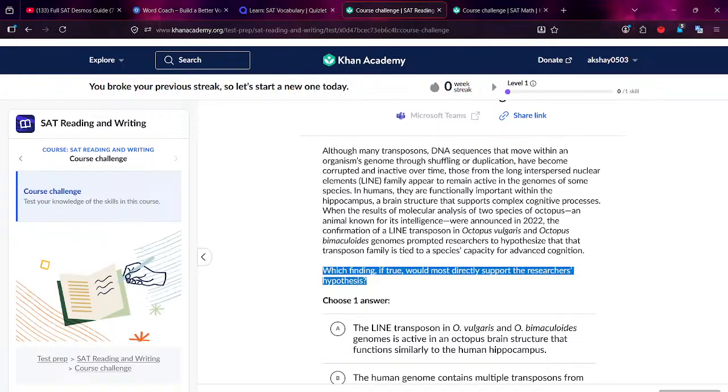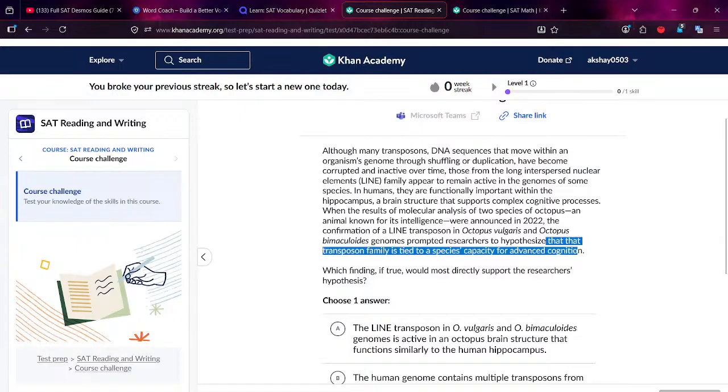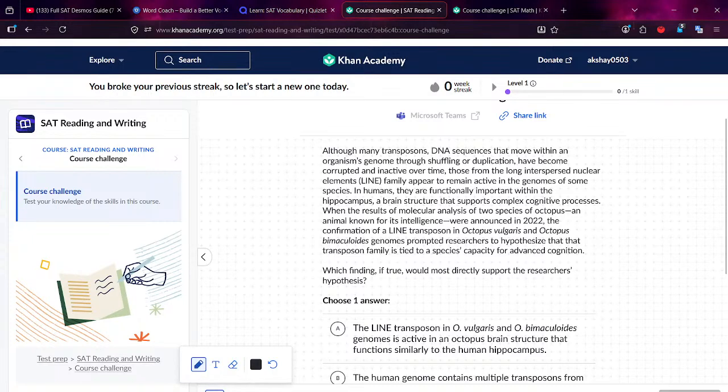The confirmation of a line transposon prompted researchers to hypothesize that the transposon family is tied to a capacity for advanced recognition. So, what is our hypothesis, right? So, hypothesis is that the transposon family is tied to a species' capacity for advanced recognition.